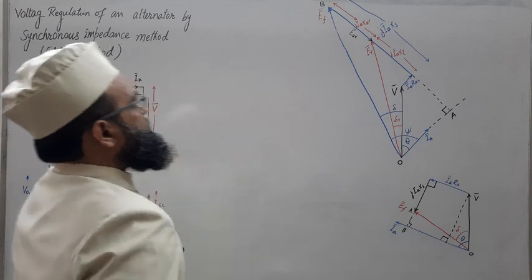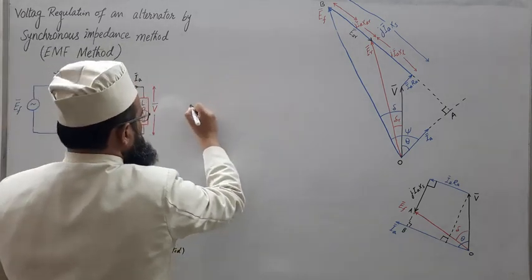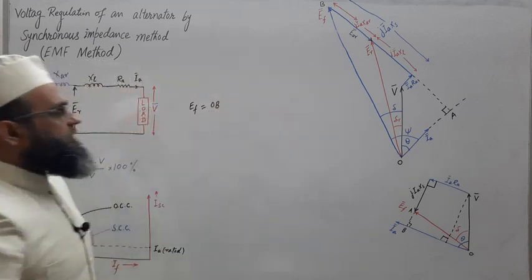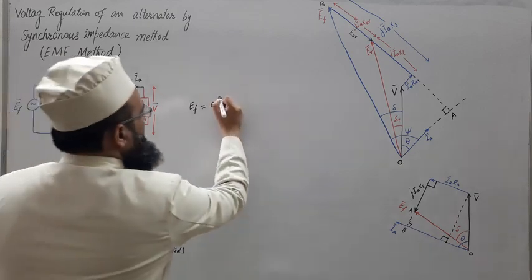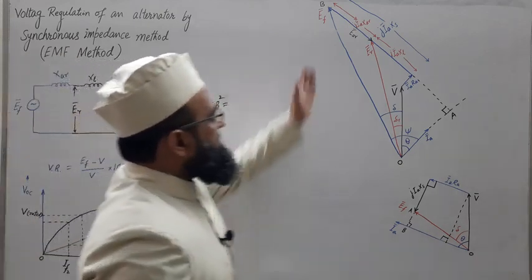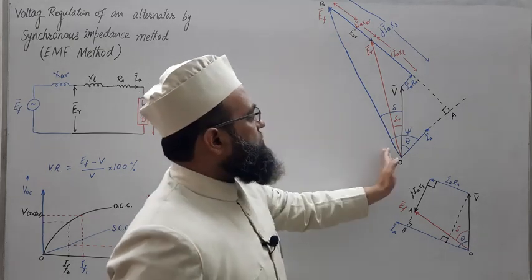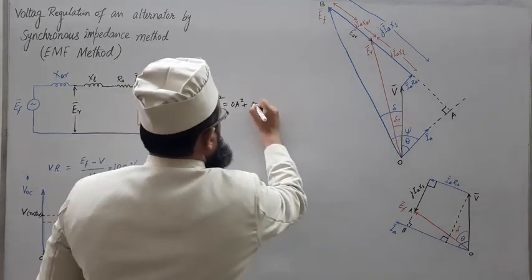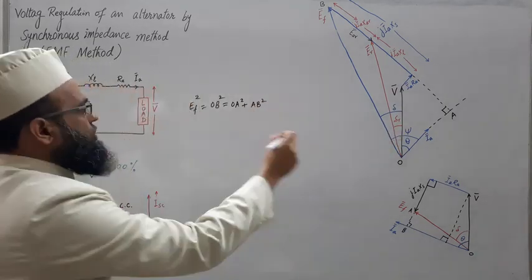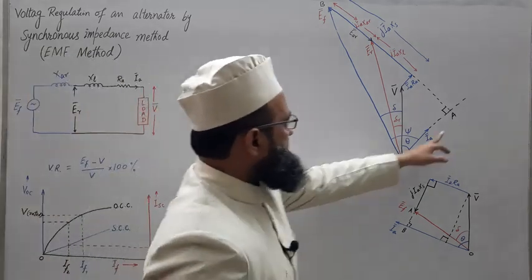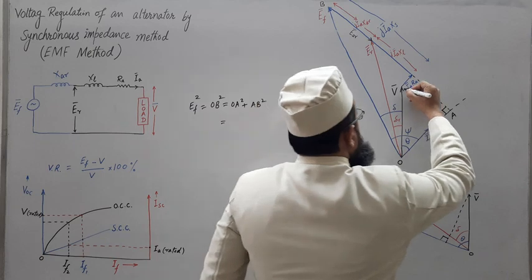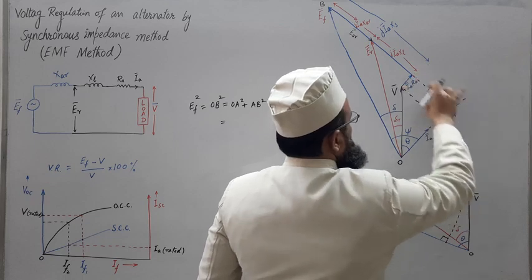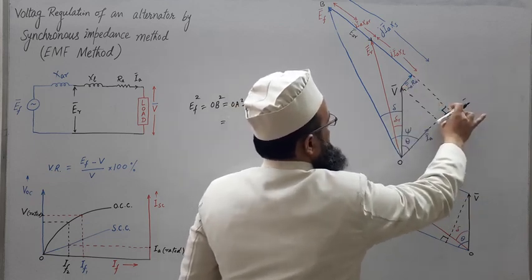Fine. So the magnitude EF will be equal to the length of line OB. So OB square, that is EF square, may be written as, this is a right angle triangle, so the hypotenuse square may be written as OA square plus AB square. What is OA? Take the projection of this phasor V on this, and this is a parallelogram, right? So this length will be equal to IA RA.